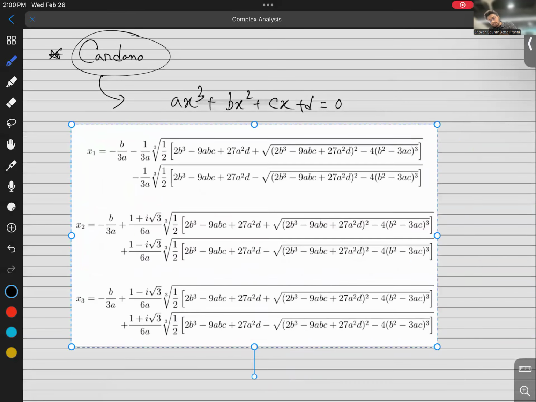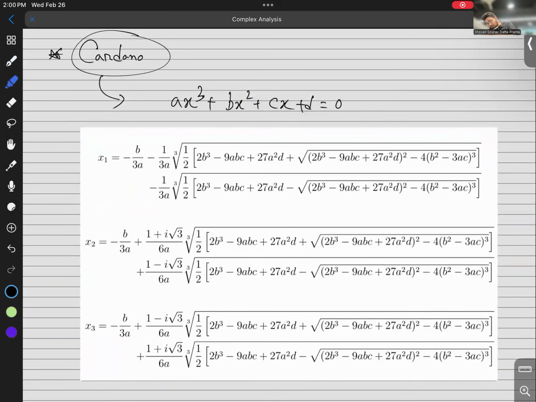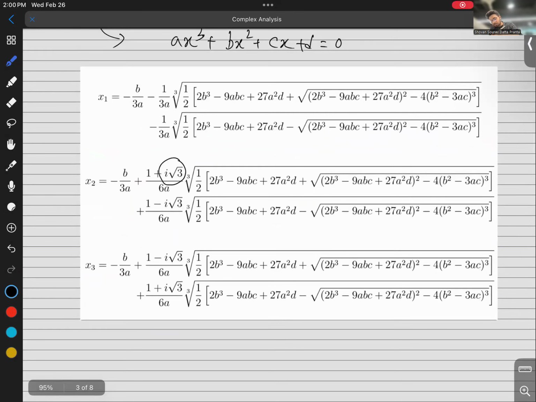But here a weird number appears. The weird numbers are plus root over 3i, and the second one is minus root over 3i.